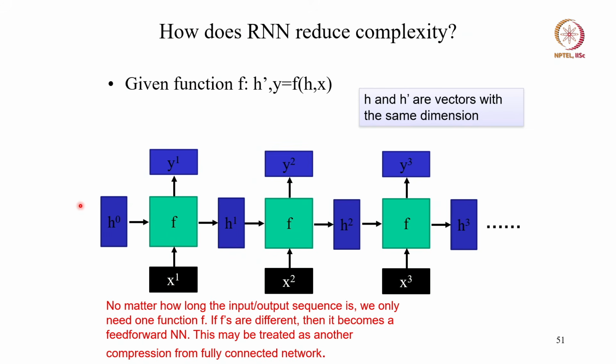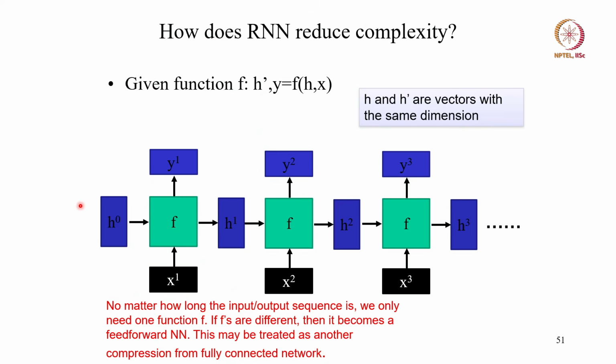These are some of the applications for which RNN is used. In the case of sentiment analysis, it's many to one: the input is many, the output is just one. In the case of summarization, you have many inputs and many outputs, so it's called a many to many network.